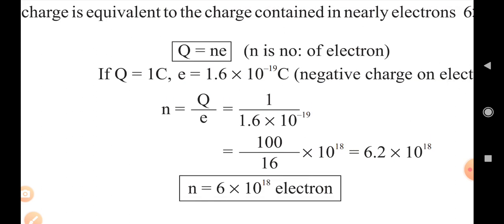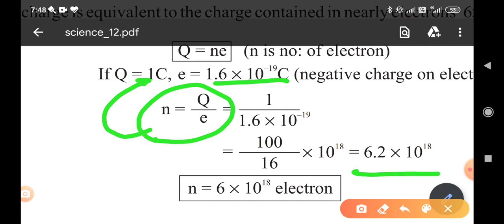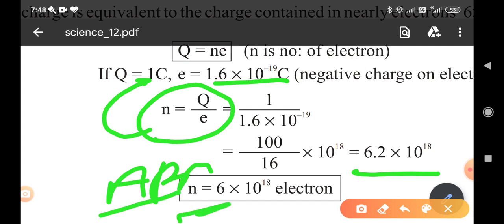We are going to find the number of electrons in 1 Coulomb. Hence, Q equal to 1 Coulomb and e equal to 1.6 into 10 to the power minus 19 Coulomb. On solving, we get 6.2 into 10 to the power 18, approximately 6 into 10 to the power 18 electrons.